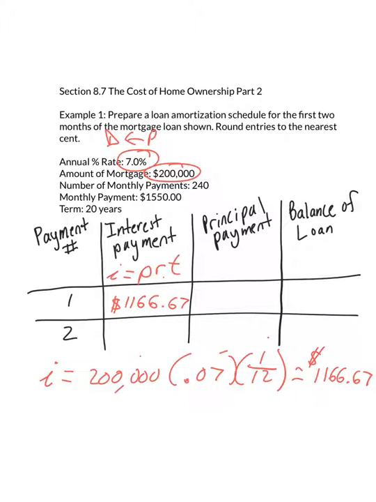So in other words, interpreting this number and what it means, we're putting forth every single month for our mortgage $1,550. But of that $1,550, the vast majority, we just figured out $1,166.67 of it goes towards interest. It does not even go towards paying off the loan at all.